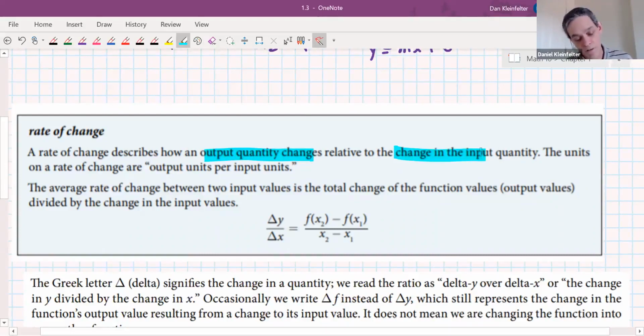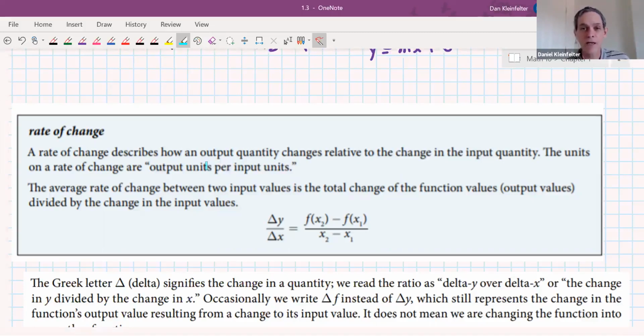The units on rate of change are output units per input unit. So basically, if you think of miles per hour, feet per second, a printer that prints in pages per minute, 8 people per table, anytime you hear a per, there's a rate that is being discussed, and we can think of a rate of change.